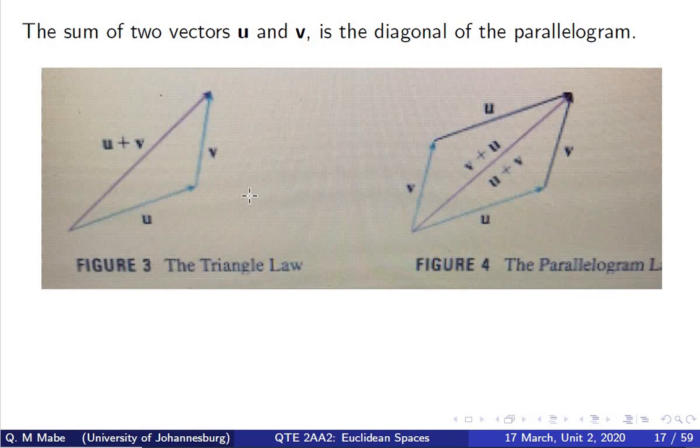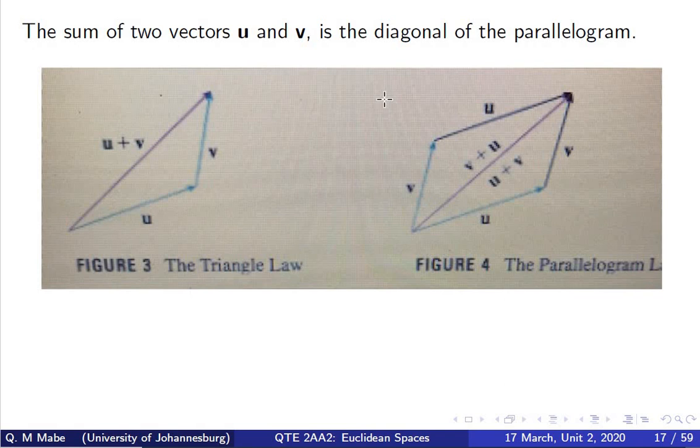Our vector v starts at the head of the vector u, which means that we join the tail of v with the head of u, right? And in order to get u plus v, we start at the initial point of u all the way to the terminal point of v. So that's the triangle law of adding two vectors.